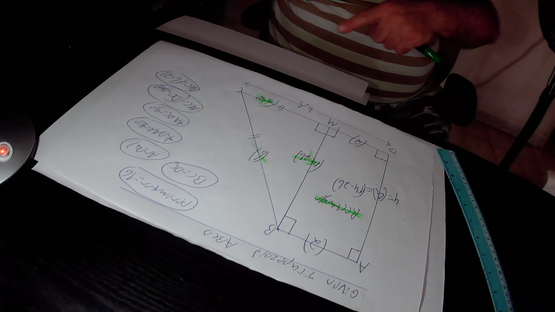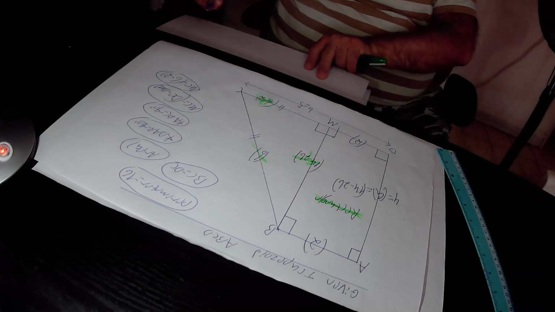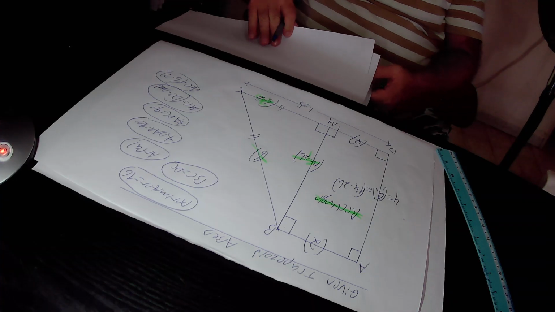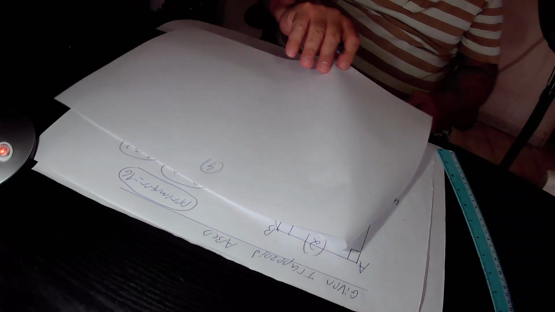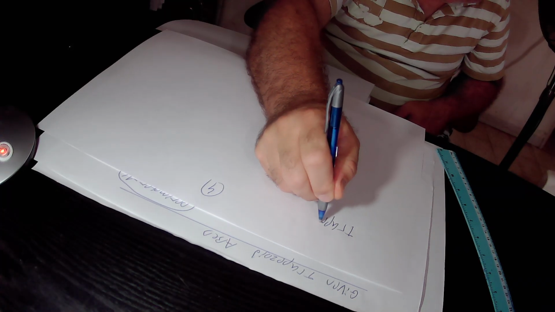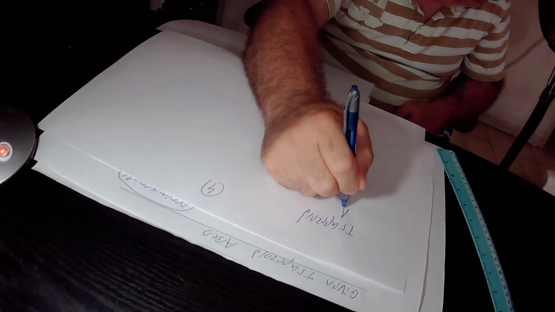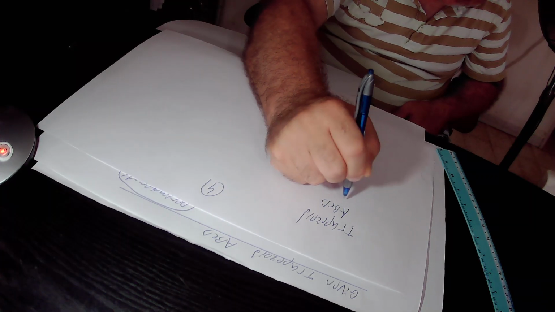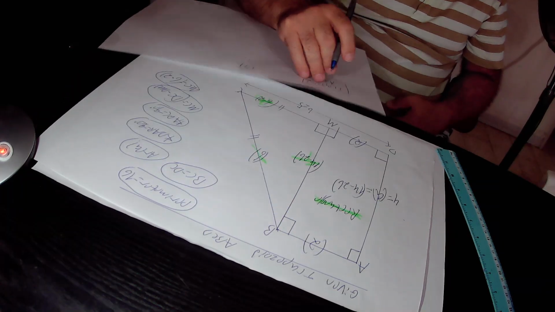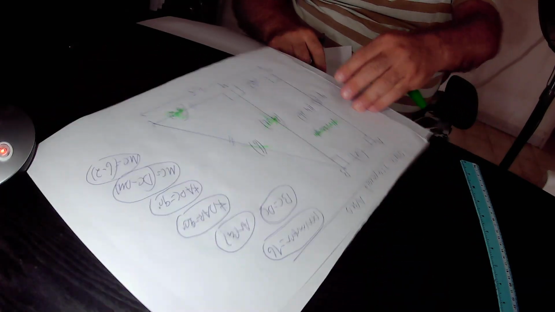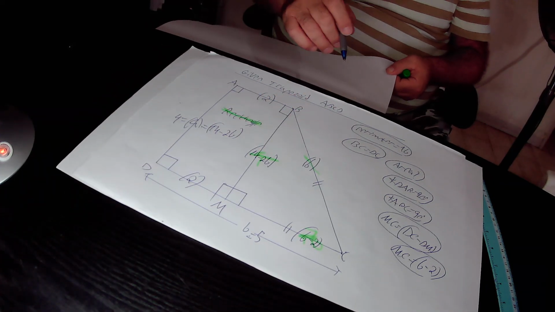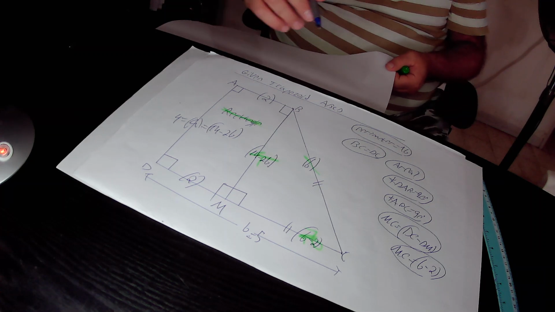Our mission is to find the area of this trapezoid ABCD. So, what is the area of trapezoid ABCD? According to the formula that I presented to you in the beginning of the lecture, the area of this trapezoid ABCD must be equal to the sum of its two parallel bases times the height over 2.